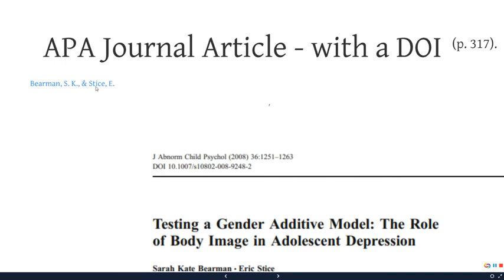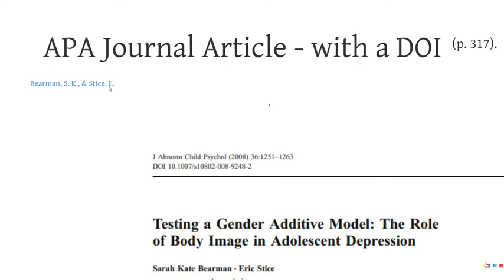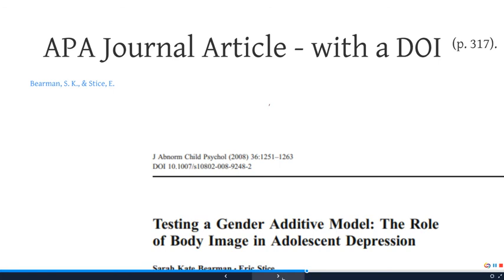This is how you articulate authors in APA. I think it's kind of nice. You always only do last names and initials, and you list every single person until you get to 21 authors. But for most of the articles you're going to run into, you will be listing out all the authors for a citation.